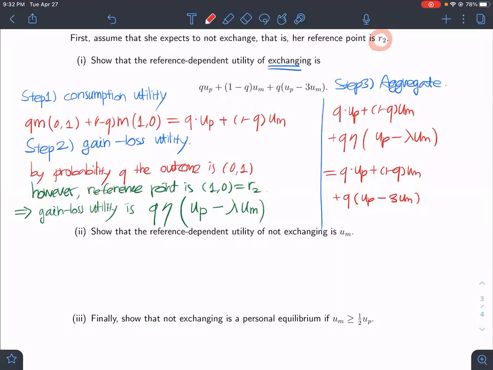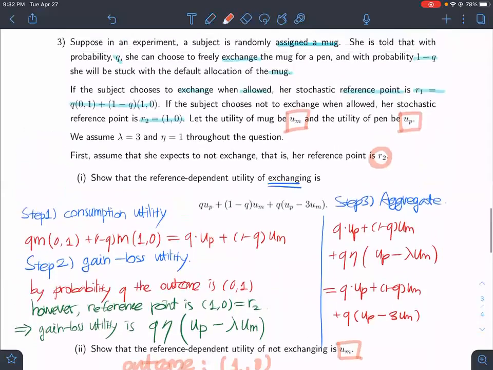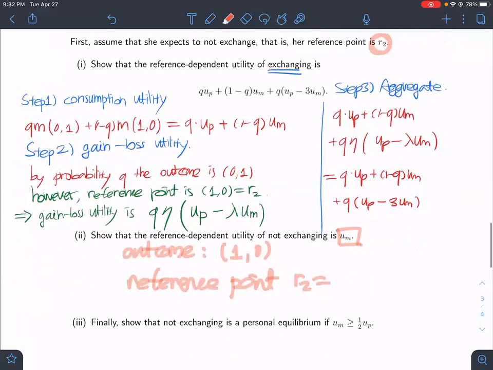Okay. And then the second question, show that the reference dependent utility of not exchanging is UM. Now in this case, the outcome will be not exchanging, so you just keep the mug. So the outcome is always 1 mug and 0 pen. The reference point is R2. What was that? It was (1, 0).